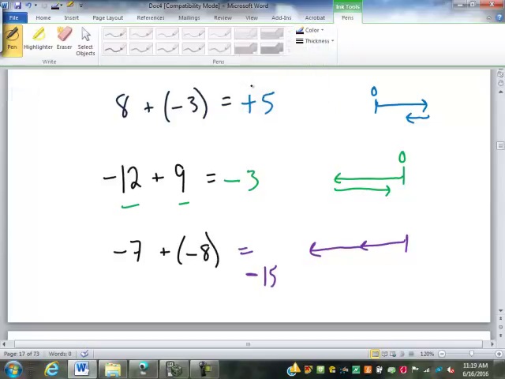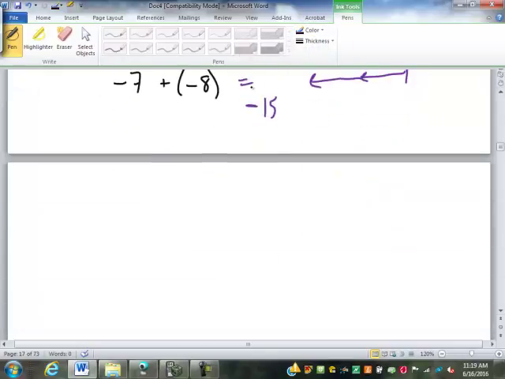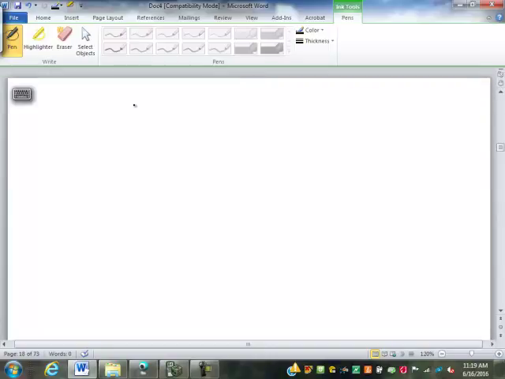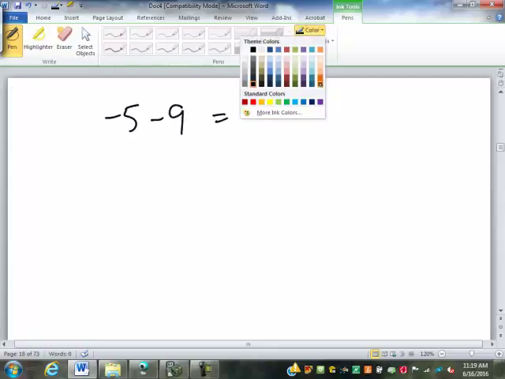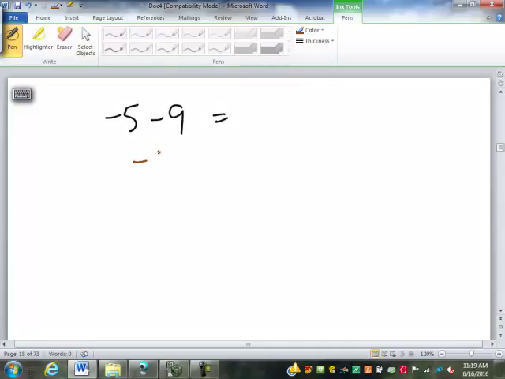It's the subtraction that got tricky. Negative 5 minus 9. Remember, we rewrote that to be negative 5 plus a negative 9. Good.